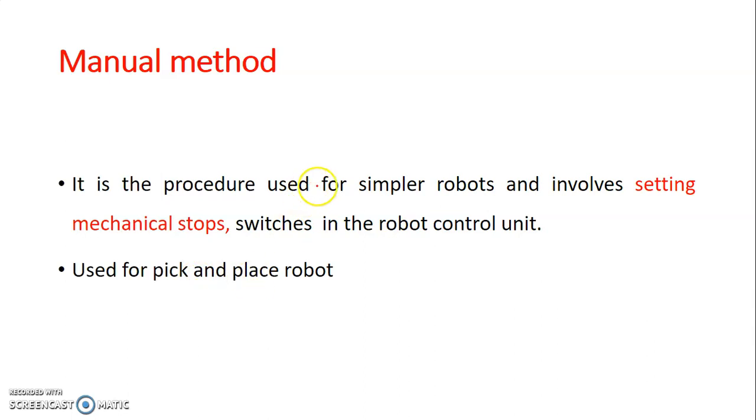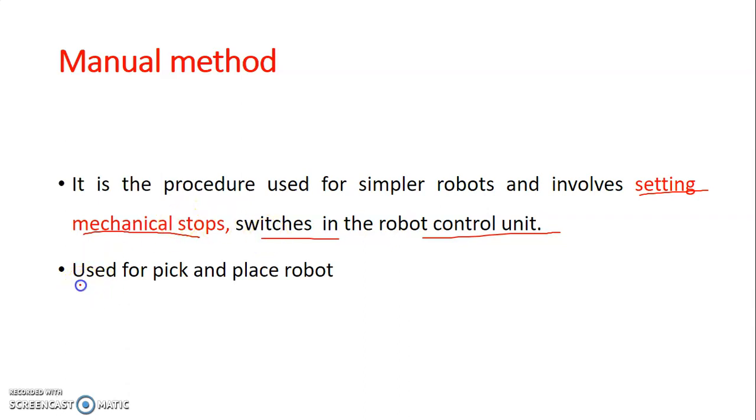It involves setting mechanical stops and switches in the robot control unit. The robot will have a control unit. In that control unit, we are going to set some mechanical stops, some mechanical elements, properly. And again, we are going to set some switches properly in the robot control unit. That is called the manual method of programming the robot.